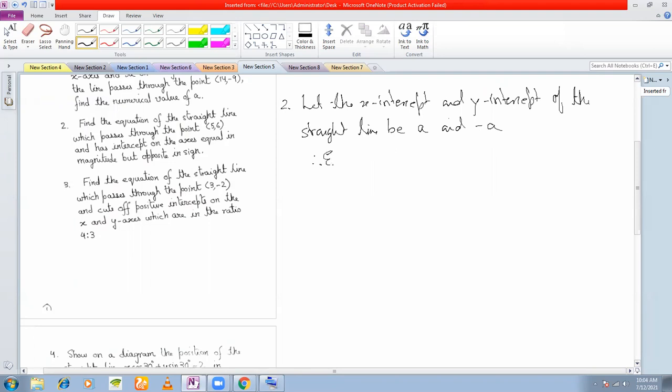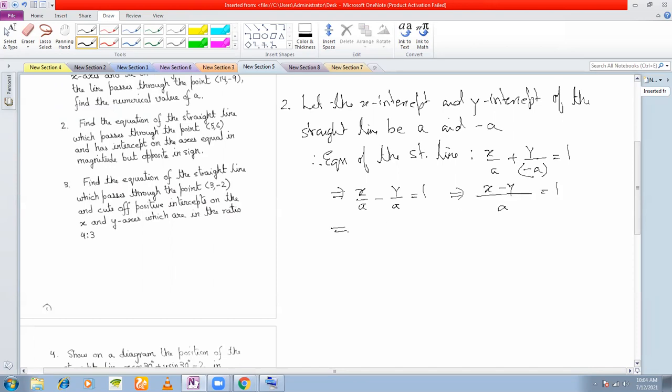Therefore, what is the equation of the straight line from intercept form? X by a plus y by minus a is equal to 1. That means x by a minus y by a is equal to 1. Now you take the LCM. X minus y equal to a.